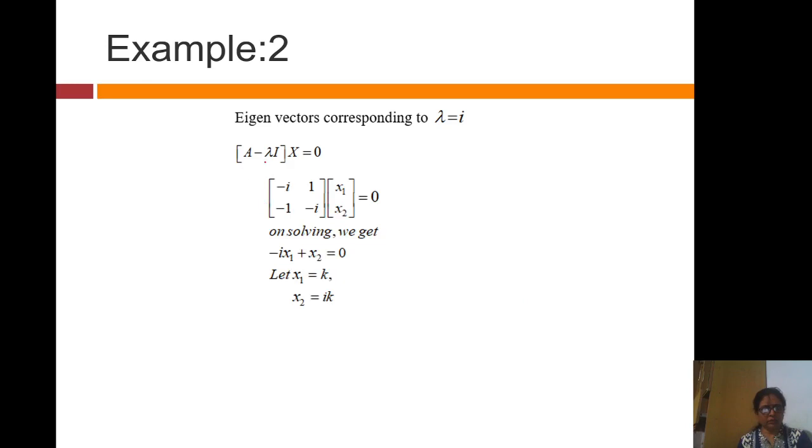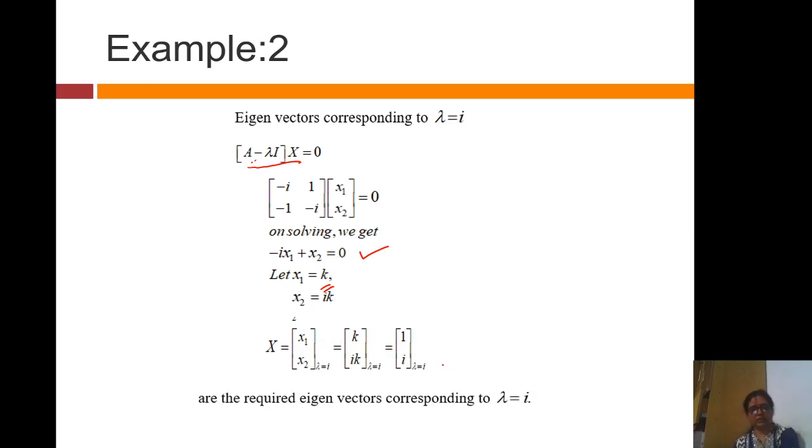We substitute the A matrix, then find A minus lambda I into X. Again we get a single equation. We solve this equation by substituting x1 equal to k and find the x2 value. This is ik. Then eigenvectors are k, ik, that means 1 and i in terms of imaginary vectors.